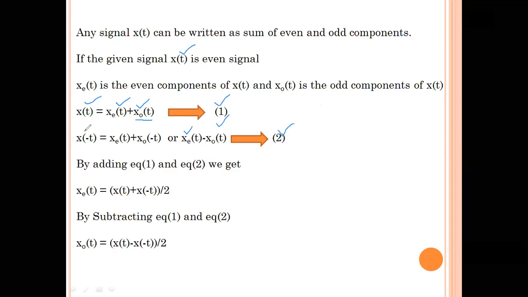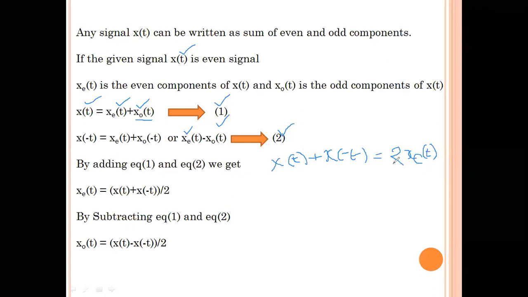So if you add the x of t function with the x of minus t, what will you get? x e of t plus x e of t, 2 x e of t. So x of t plus x of minus t is equal to 2 x e of t.